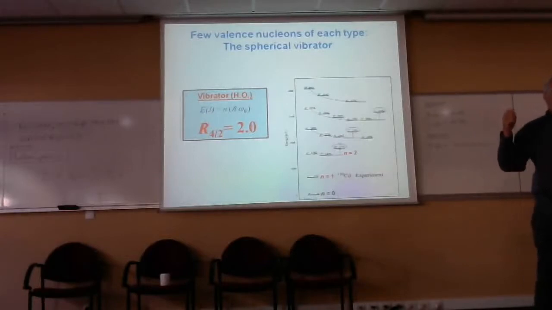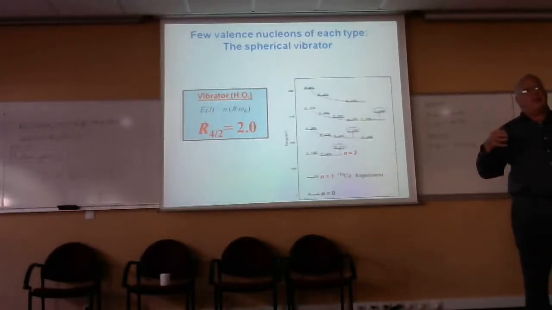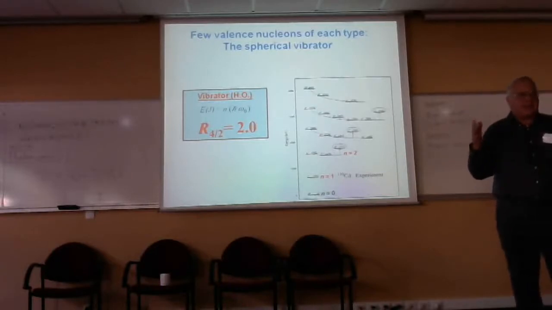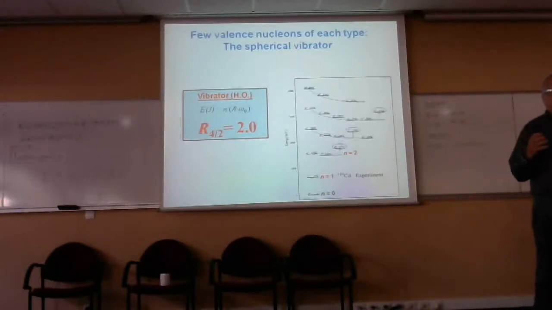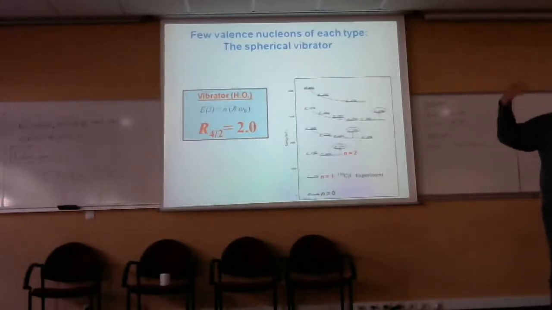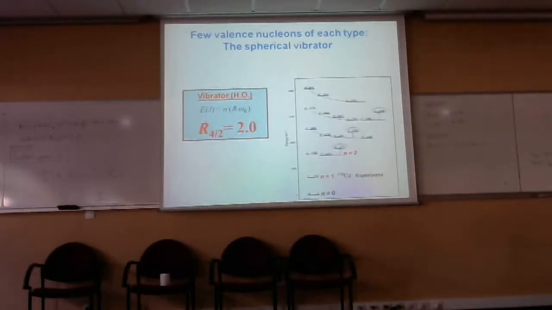Now imagine that you're going to put a particle from a d5 orbit into an s1/2 orbit. Imagine that that's a major part of one of these vibrations. Well, once I've done it twice, I've filled that s1/2 orbit. I can't do it a third time. So people didn't expect these 3, 4, and 5 phonon states to exist. And then level schemes like this were found, and it was pretty shocking.